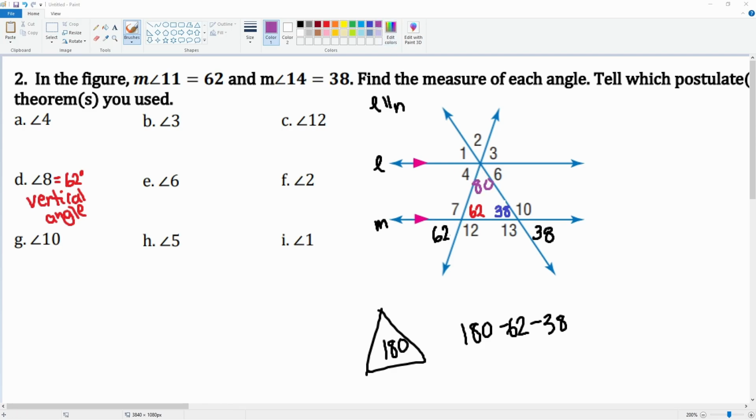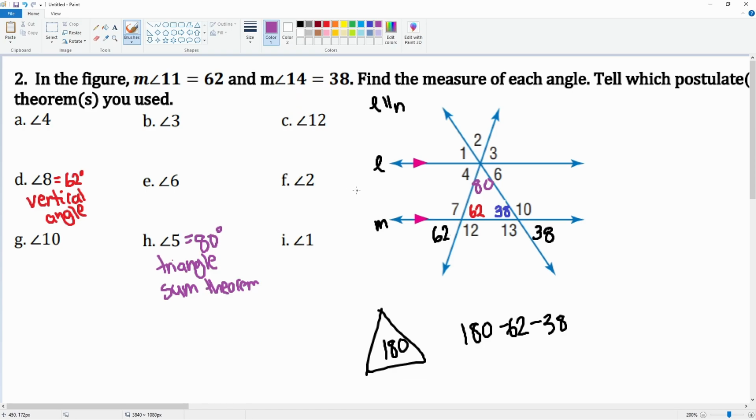Okay, and once we know that is 80, so that's angle 5, we can say this is equal to 80 degrees, and this is the triangle sum theorem. That inside a triangle, it has to add up to 180.